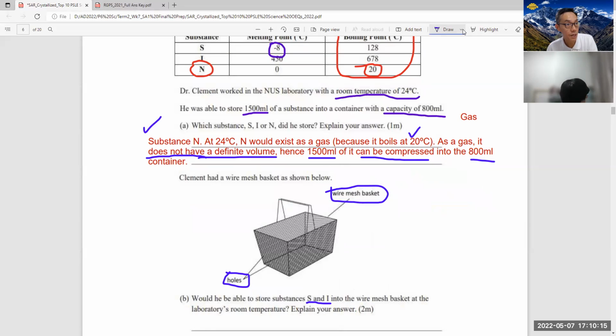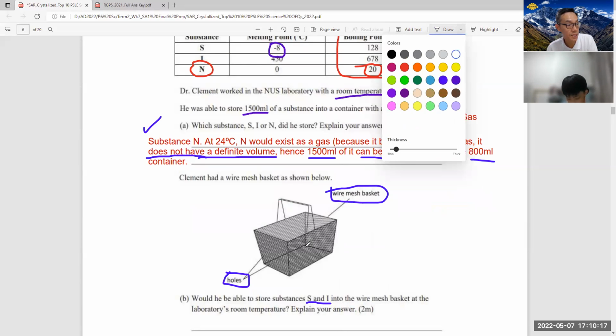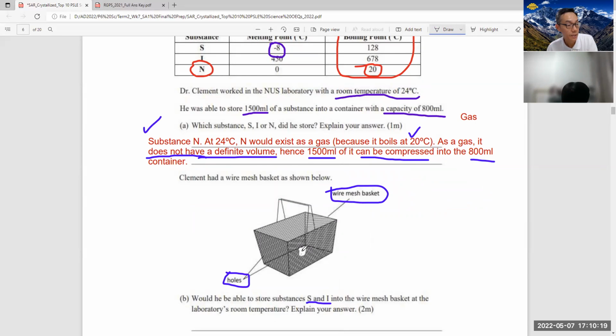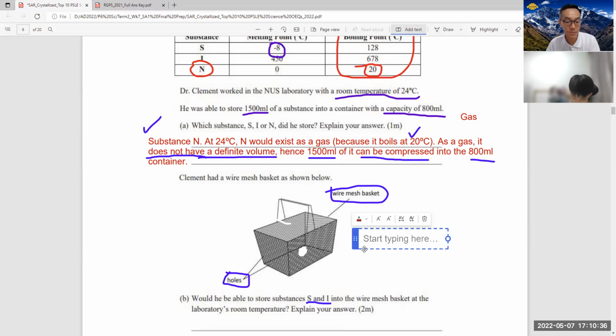So you must ask yourself, if I want to store something inside here, the substance must not be liquid, otherwise it will flow through the holes. Also it cannot be gas, it will escape to the surrounding air. So which of these substances will exist as a solid? You can annotate yourself, this must be a solid at 24 degrees Celsius.